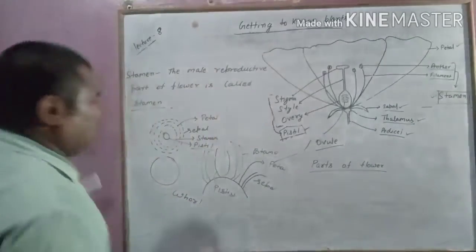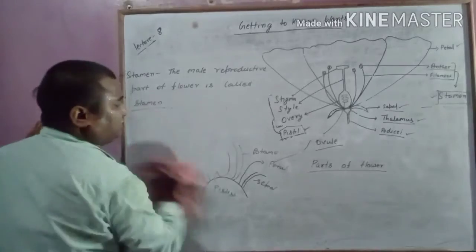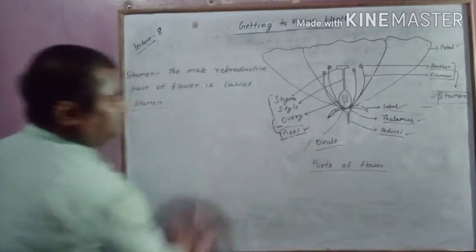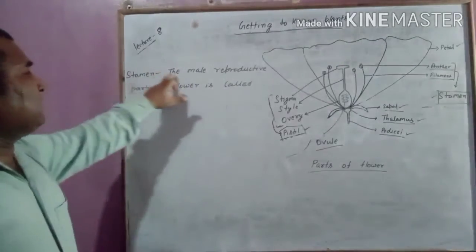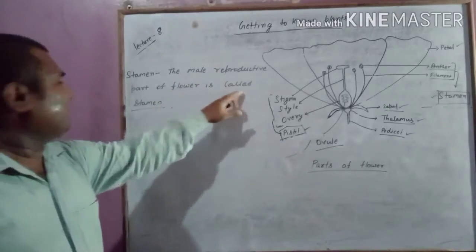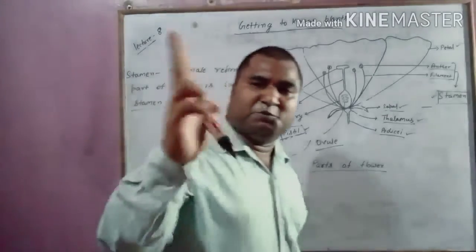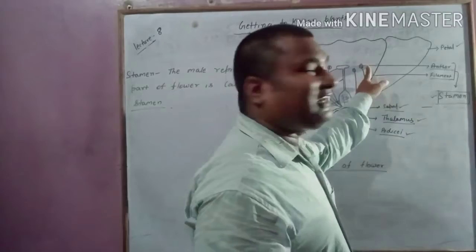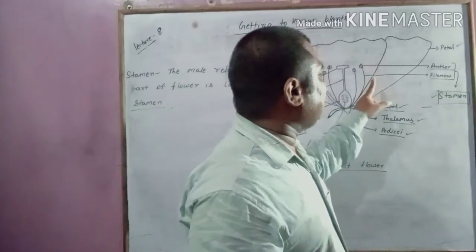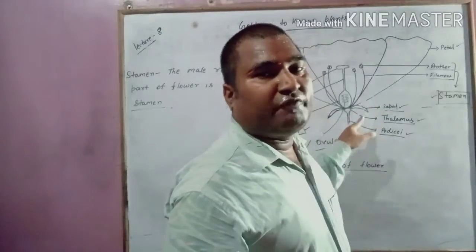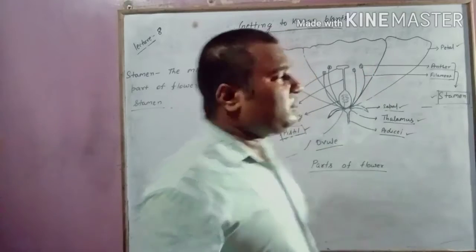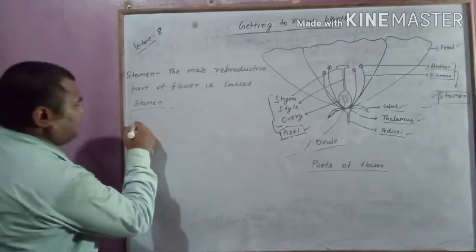What I have told you is that the male reproductive part of a flower is called stamen. It has two parts. The swollen top is called anther, and the stalk through which it is connected is called filament.